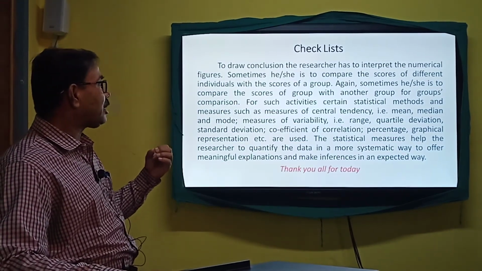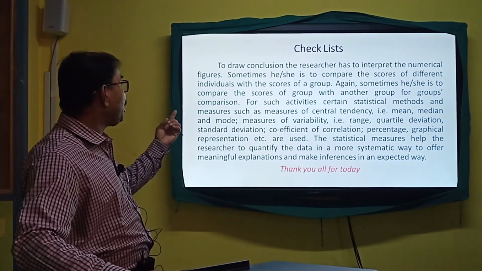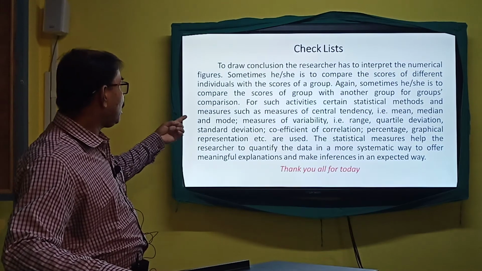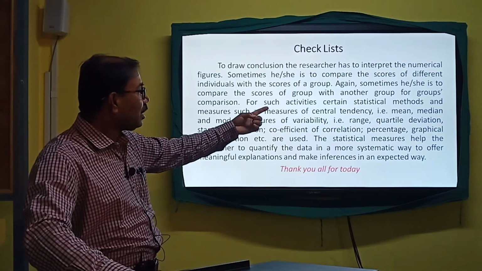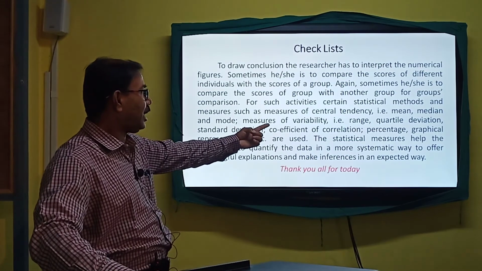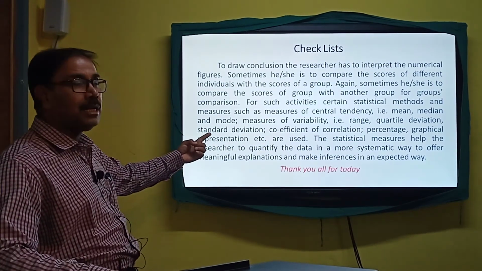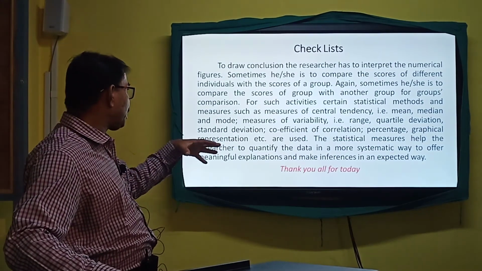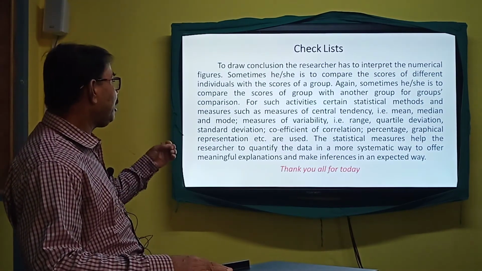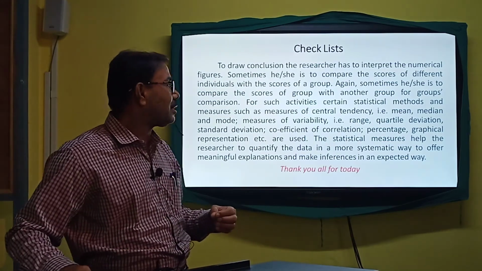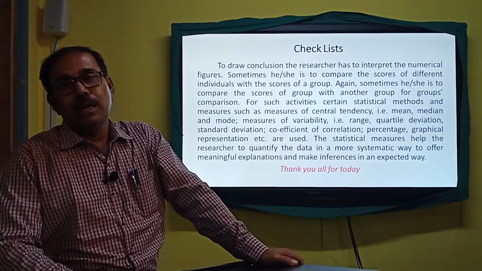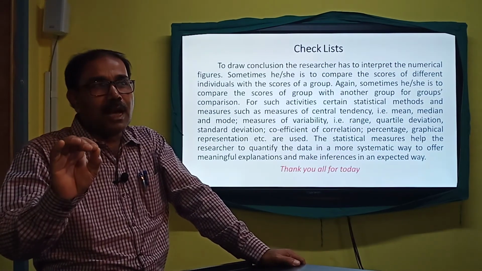For such activities, certain statistical methods and measures are used, such as measures of central tendency, that is mean, median and mode, measures of variability, that is range, quartile deviation, standard deviation, and in the case of group or groups, coefficient of correlation, percentage, graphical representation, etc. The statistical measures help the researcher to quantify the data in a more systematic and lucid way, to offer meaningful explanations, to make inferences in an expected way, and to report the result of the research.